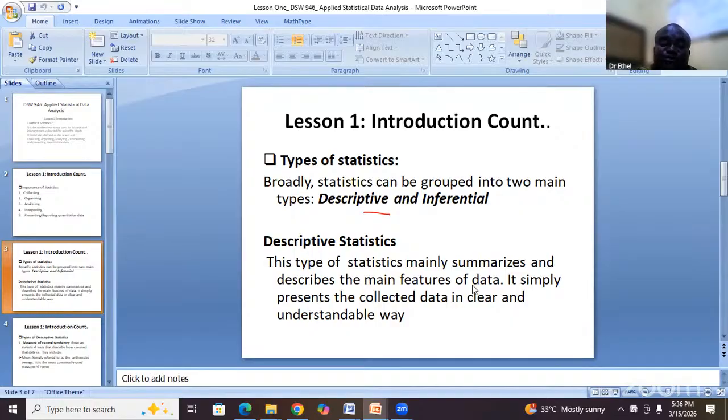When you use simple statistics like percentages to summarize a given data, it makes it very clear and understandable. You follow what I'm saying?